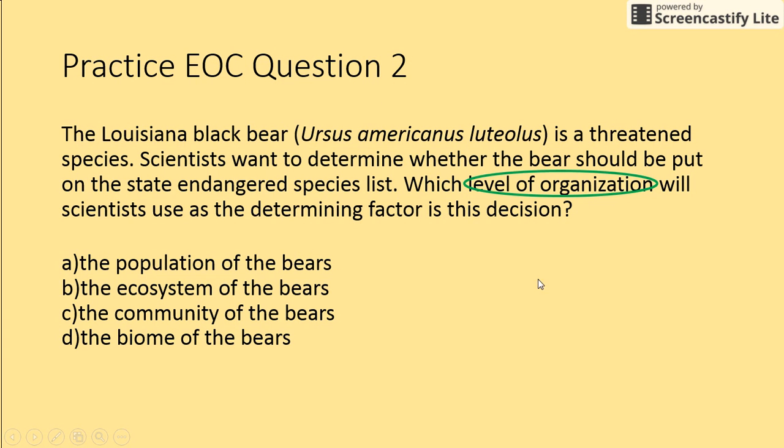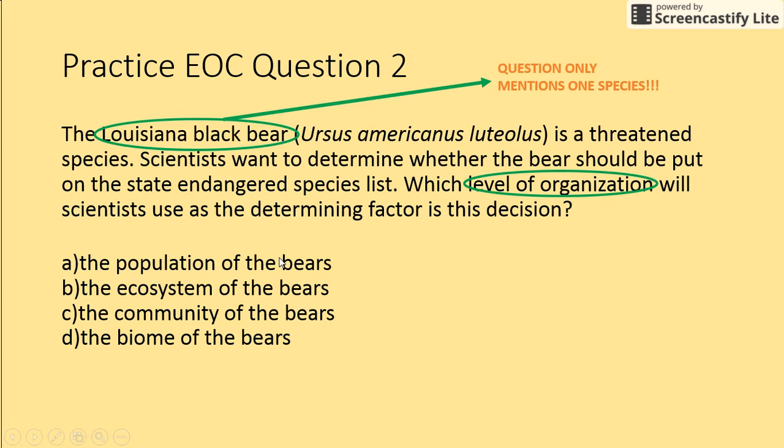So in this question, if we're talking about levels of organization, it only mentioned one species. If the question is only mentioning one species, we are talking about a population. You should mark A for this answer. If it's only talking about one species, it is talking about just the population of the bears.